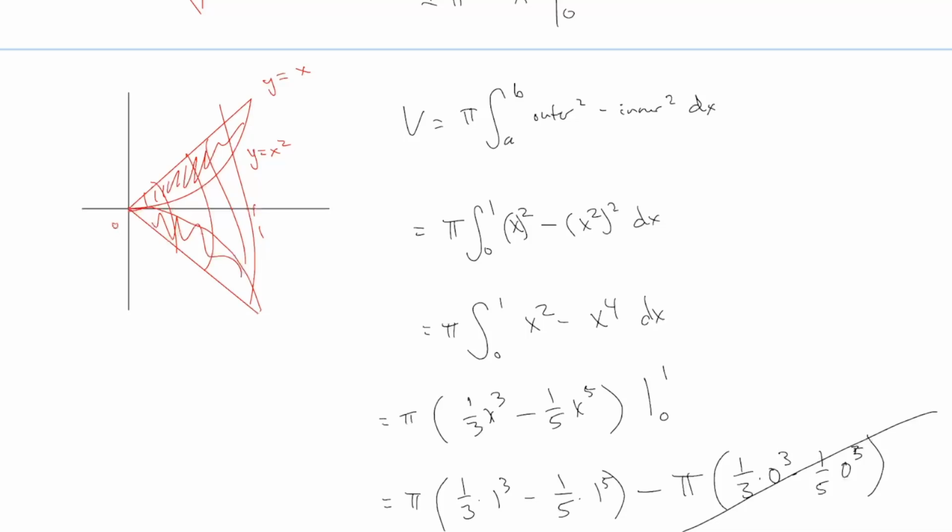You look at these distances from the middle all the way to the outside, and the outer one is x and the inner one is x squared. Fairly straightforward. What about rotating around a different axis? This is where things get, in my opinion, a little confusing. These previous ones I feel like were not so confusing. Rotating around a different axis.